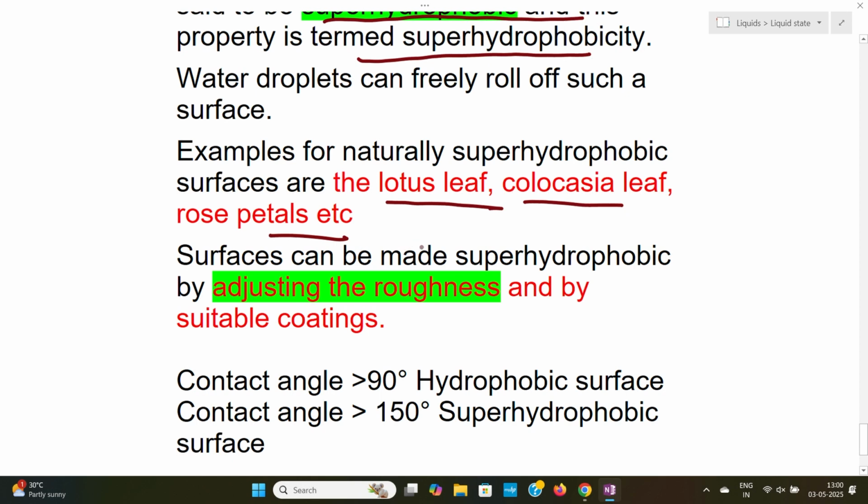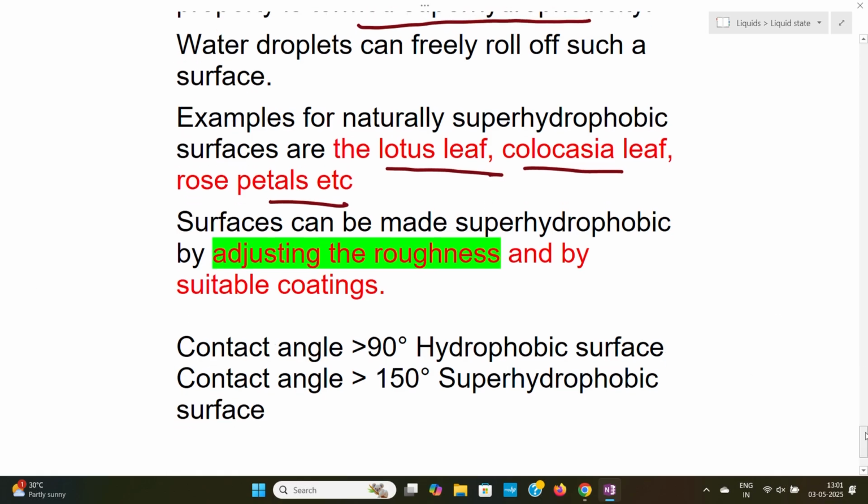Because of the superhydrophobicity property, the water droplets can freely roll off. We can design superhydrophobic surfaces by adjusting the roughness and by suitable coatings. We can adjust the roughness of the surface by suitable coating material, and we can design the superhydrophobic surfaces.